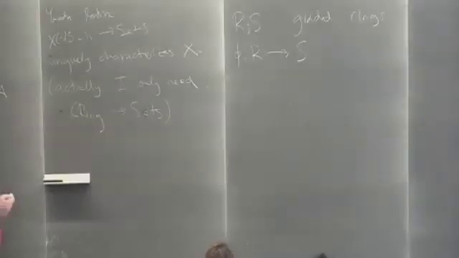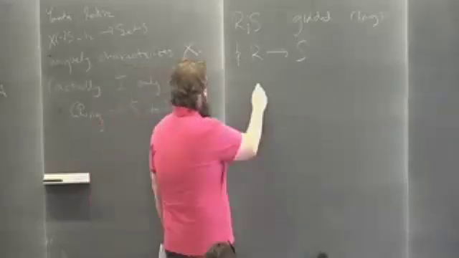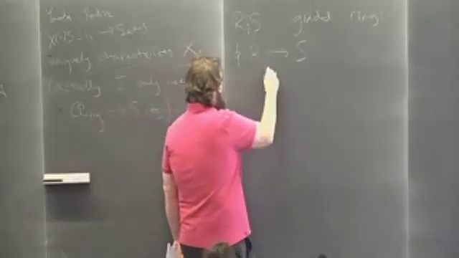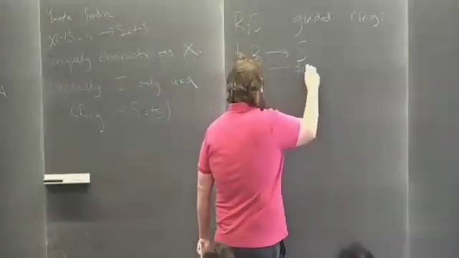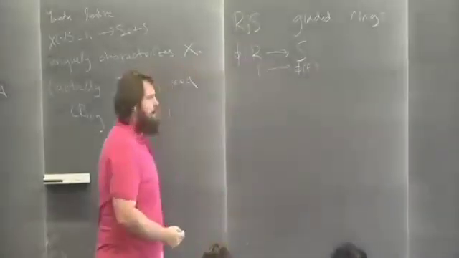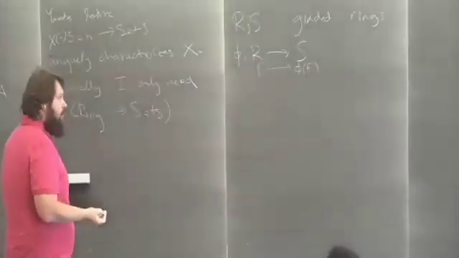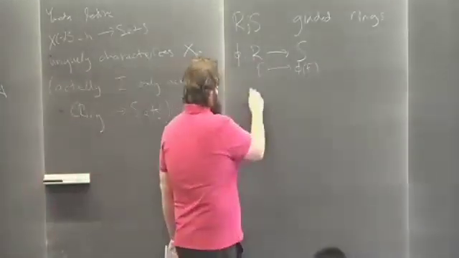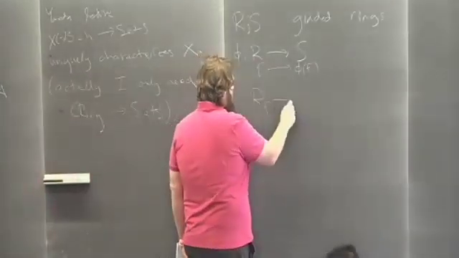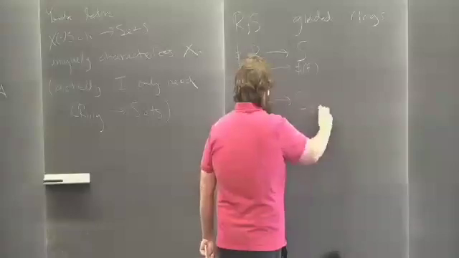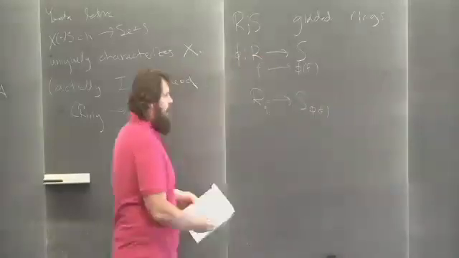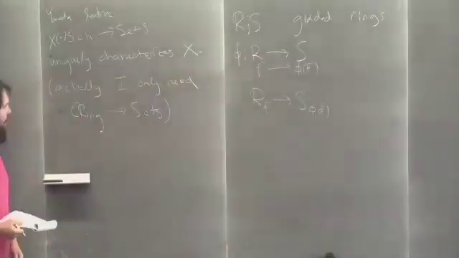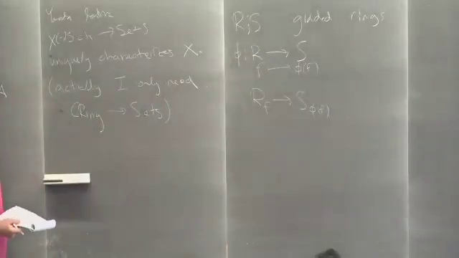What's true here is if I take some element f in R, I can look at phi of f, and I get a map between the localizations. So I get an induced map from R_f to S_{phi(f)}. Okay, so far so good.